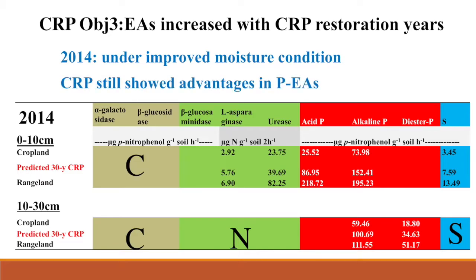Probably the better moisture condition stimulated primary production, and the microbes were not limited by resources. However, you can still see the CRP show an advantage in the phosphorus enzymes, which is very helpful for the semi-arid soil with abundant calcium.